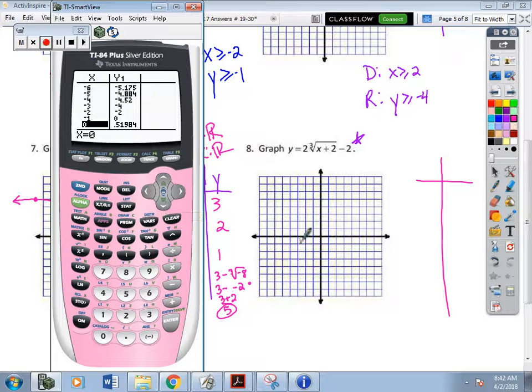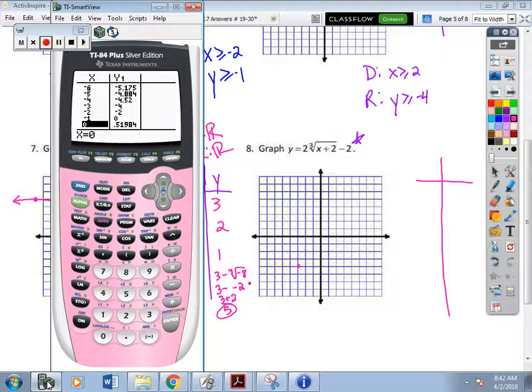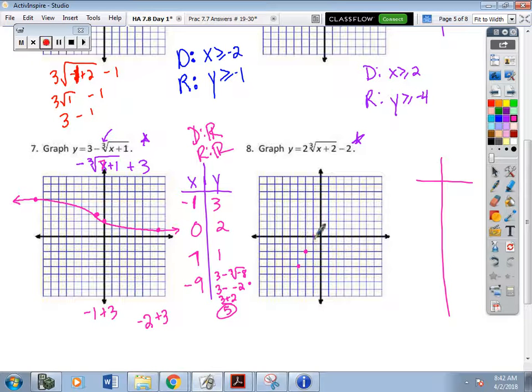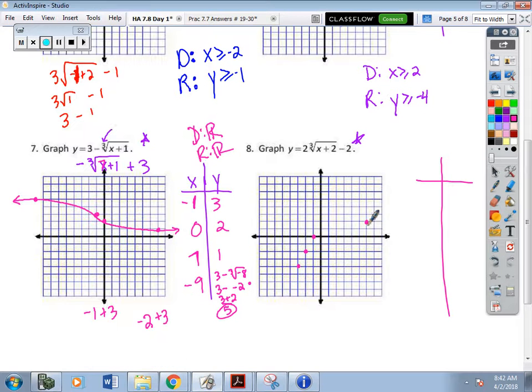Negative 3, negative 4. Negative 2, negative 2. Negative 1, 0. 6, 2. Did I plot something wrong?